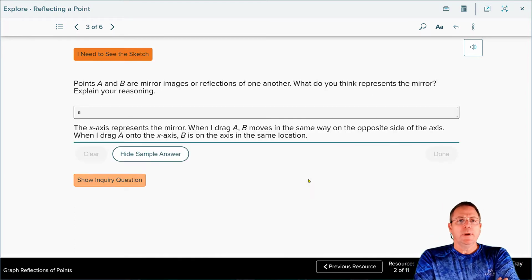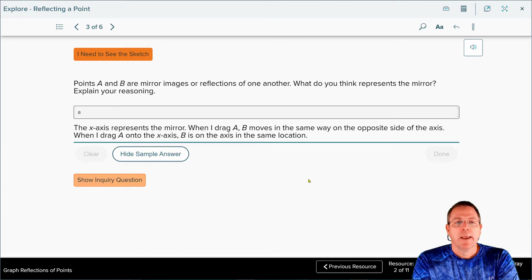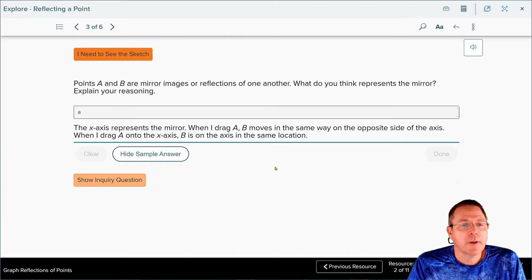Points A and B are mirror images or reflections of one another. What do you think represents a mirror? Explain your reasoning. What they said is that the x-axis represents a mirror because when I drag A, B moves the same way on the opposite side of the x-axis. When I drag A to the x-axis, B is on the axis in the same location.